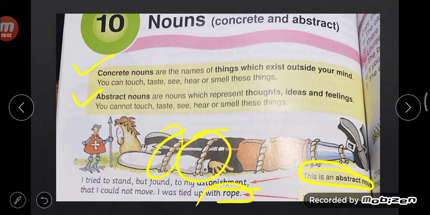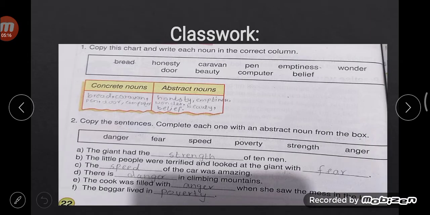Now move to question number 1. You are supposed to write your work in your book, page number 22 of the Focus book. Copy this chart and write each noun in the correct column.